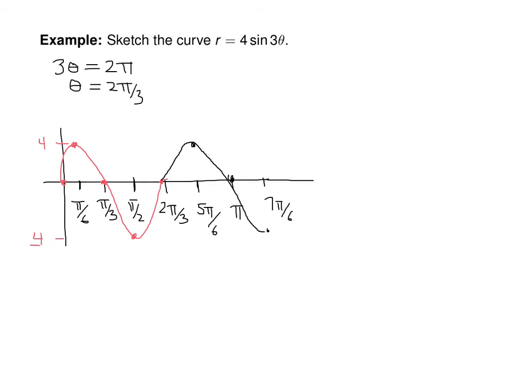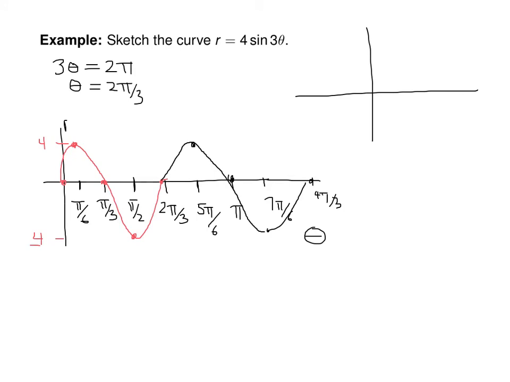And by 8 pi 6 or 4 pi thirds, we're back up at 0. So there is the graph in rectangular coordinates. And now let's use that to graph the curve in polar coordinates.